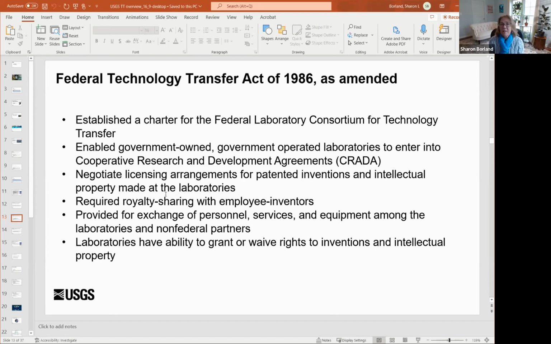The act also required that federal agencies share any proceeds from patent licenses that come in as royalties with the employee and inventor.